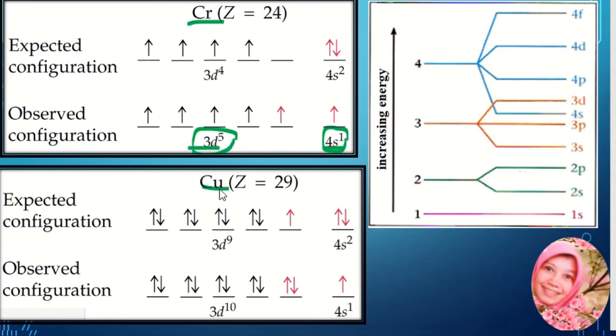For copper, a half-filled 4s orbital, 4s1, and a completely filled 3d orbital, 3d10, gives the most stable configuration. Similar situations arise for a number of atoms in the remaining periods.